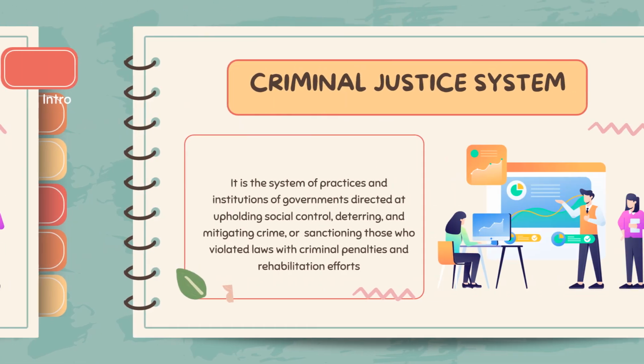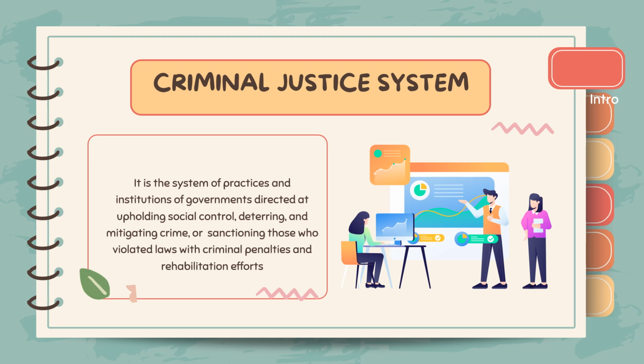It has also been defined as a system of practices and institutions of governments directed at upholding social control, deterring and mitigating crime, or sanctioning those who violated laws with criminal penalties and rehabilitation efforts.